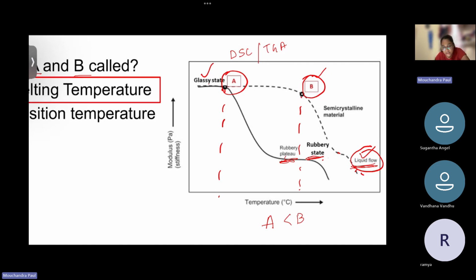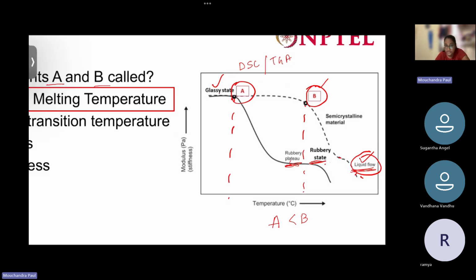And as we increase the temperature above glass transition, it reaches a plateau region or a rubbery state. Whereas B corresponds to the melting point or melting temperature. As the term suggests, melting means the material is going to melt from a solid state to a liquid state. And the melting point is always greater than the glass transition temperature. Okay, is it clear?